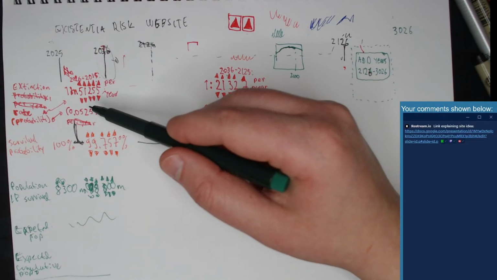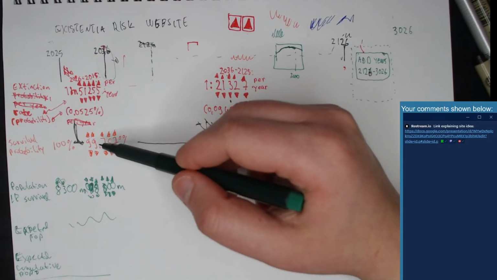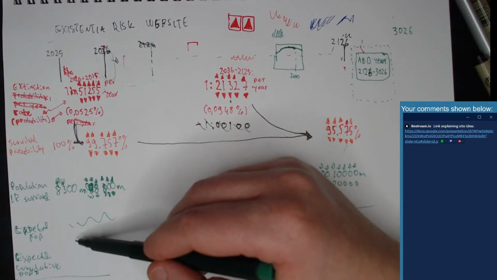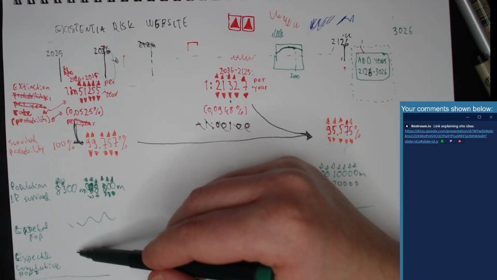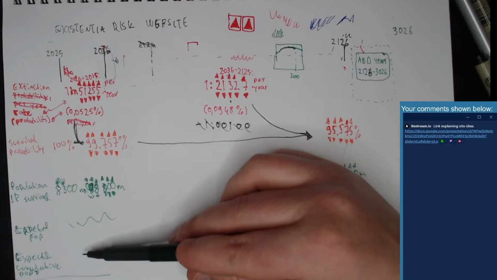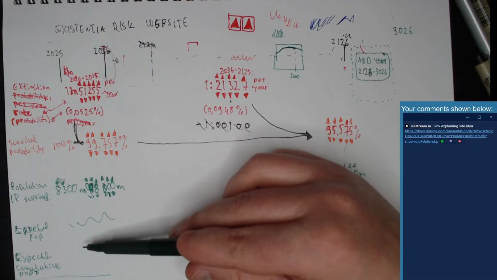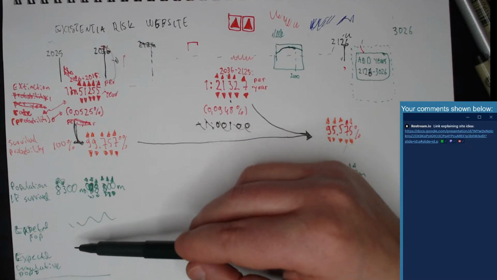These survival and extinction probabilities, here you add up these expected populations, so you have all the years that humanity has lived until that point.